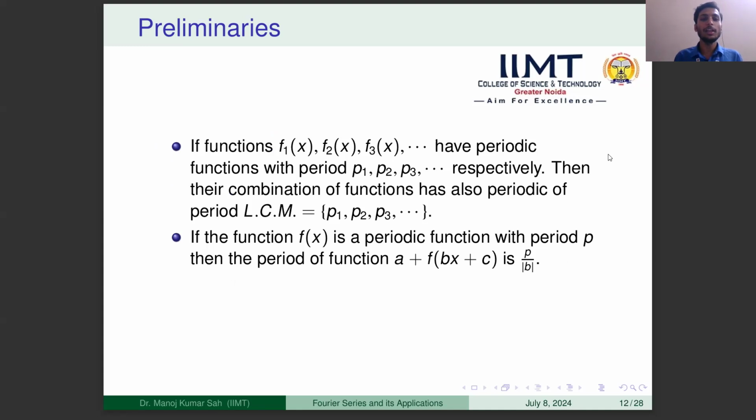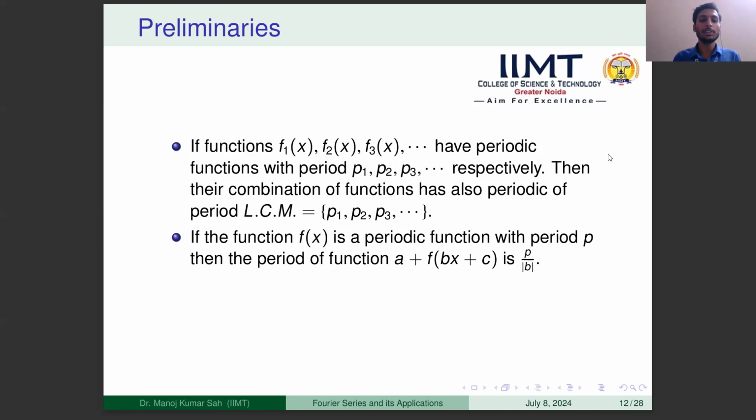The next property is that if the functions f1 of x, f2 of x, f3 of x, and so on are periodic functions with periods p1, p2, p3, and so on respectively, then their combination also has period equal to the LCM of p1, p2, p3, and so on.